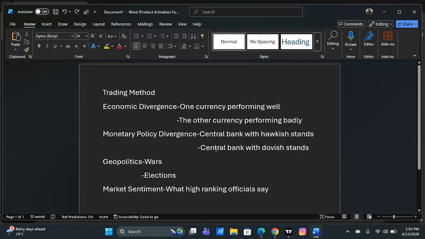So you want both the GDP and the inflationary numbers to move towards the benchmark that would be the target for the central bank. But if the opposite is happening, you can actually sell that currency and buy the currency that is moving into a hiking session.